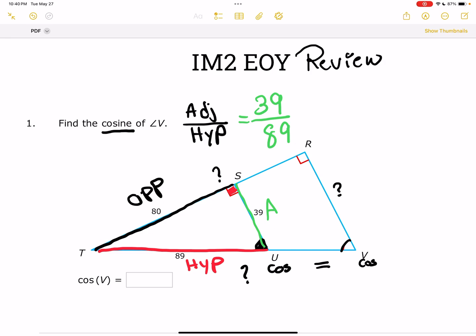By dividing the top and bottom by the same number or by the greatest common factor. So I'm going to check the 39 and 89. There's no greatest common factor to divide by. So that is my answer. So the cosine of U, which is equal to the cosine of V, is your 39 divided by the 89. That's it.